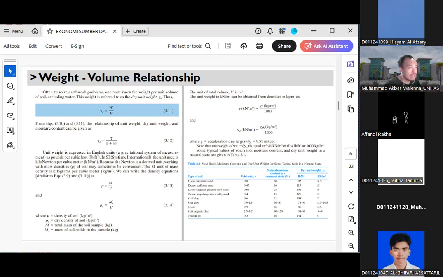I think it is important, when it comes to understanding the behavior of soil and how we classify them, that we cannot just say the soil is loose.